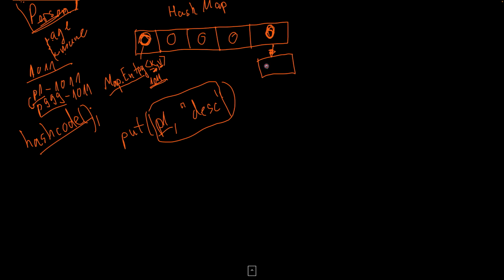We say put, and we see this hash is already present in the bucket, so we create a linked list and store the second value in it.